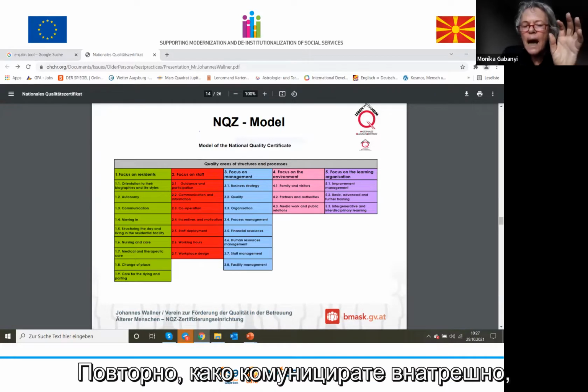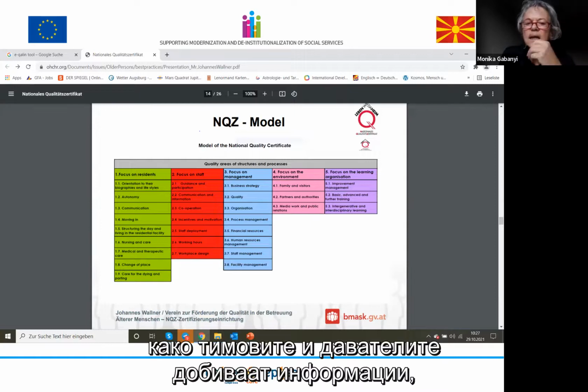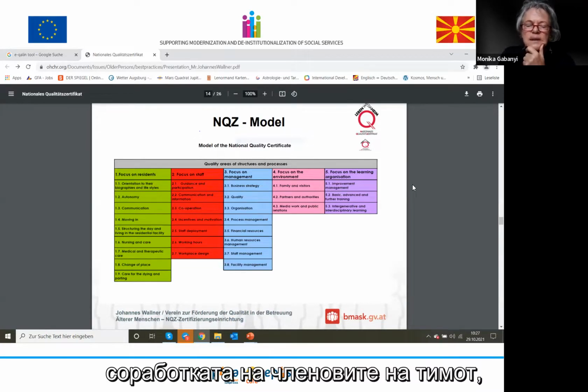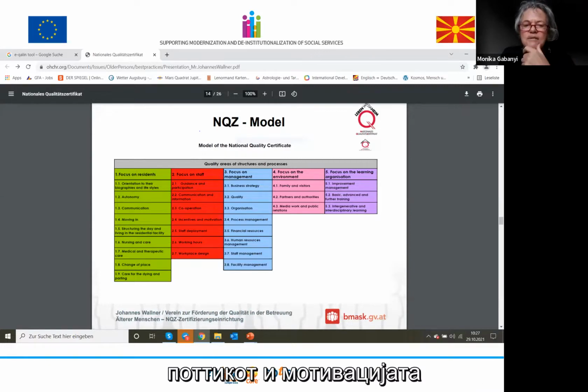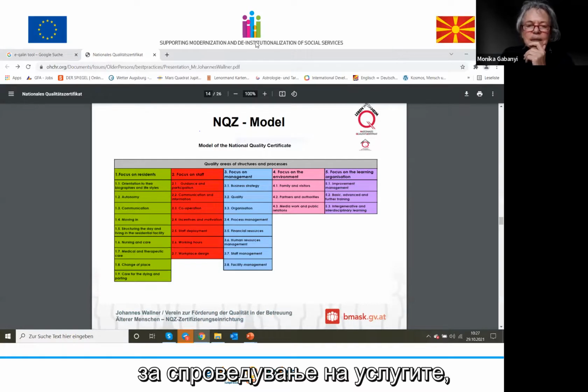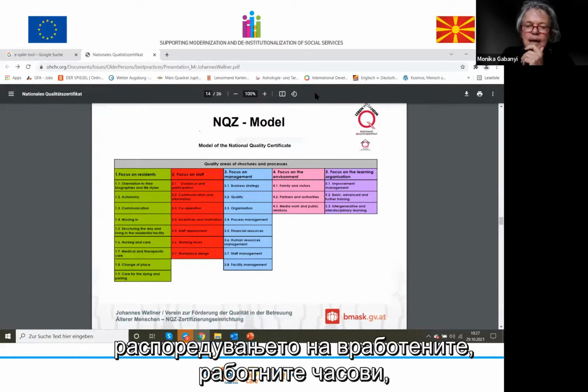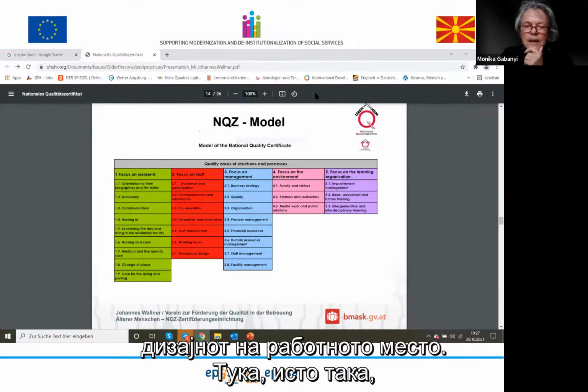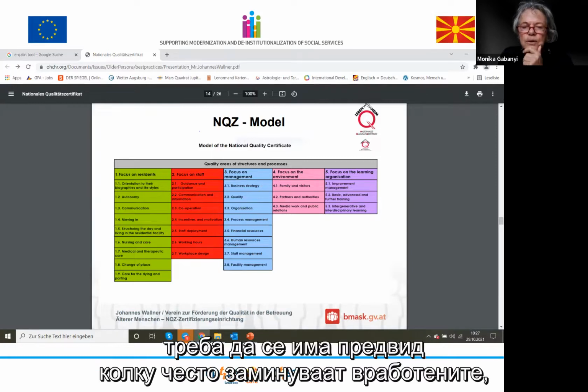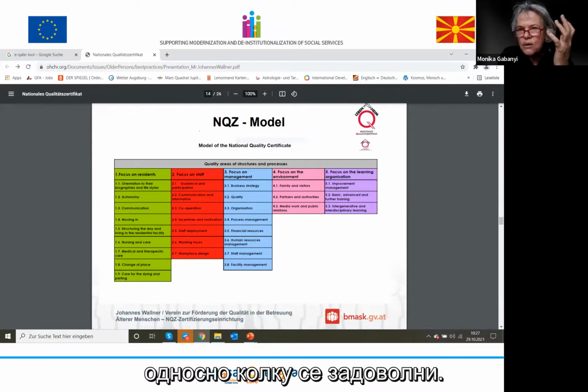Then the same, how you communicate internally, how information is going through the teams or through the provider, the cooperation among the team members, incentives and motivation in implementing the services, the staff deployment, the working hours, workplace design. Also here you should, for example, look at the fluctuation. It means also staff satisfaction.